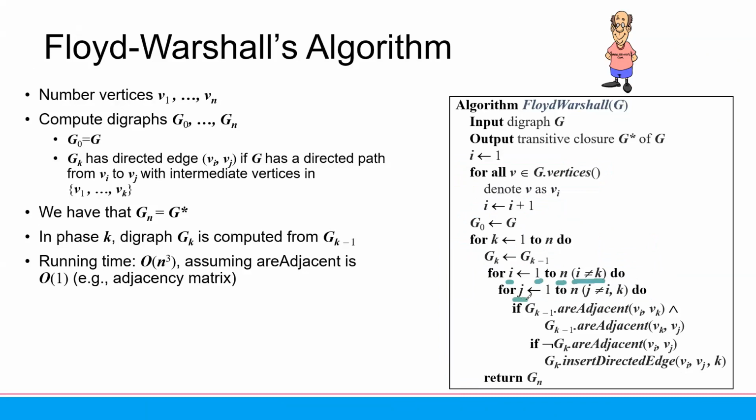And then we have another loop, j equals 1 to n, and we again limit, so j will not be equal to i. And then we need to check if, in Gk minus 1, vi and vk are adjacent, and vk and vj are adjacent, then we will check again this one.